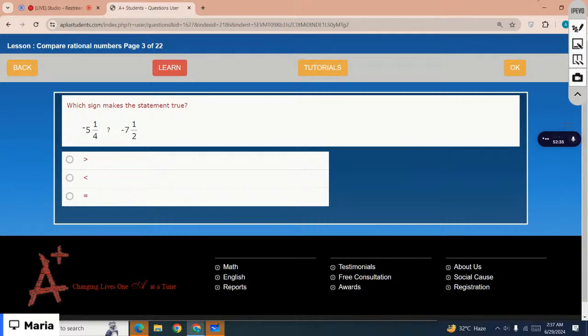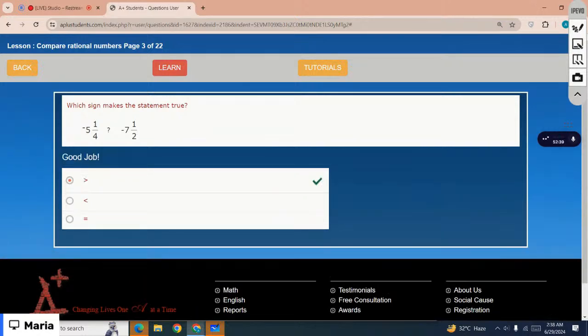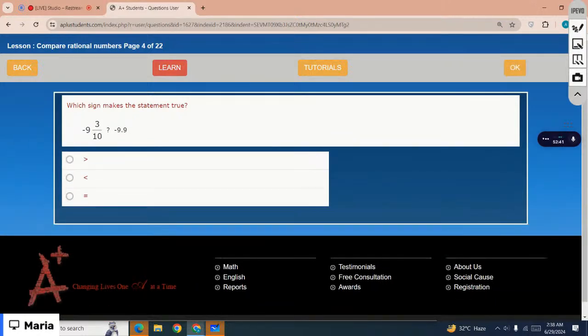Negative 5 whole 1 by 4 is greater than negative 7 whole 1 by 2, right? Because on the negative side, as you are going far from 0, the numbers are getting smaller and smaller.